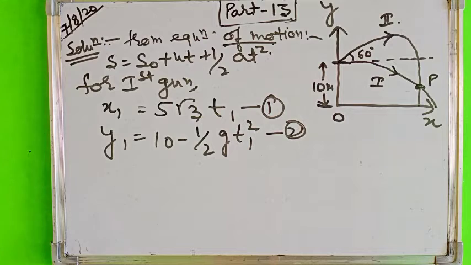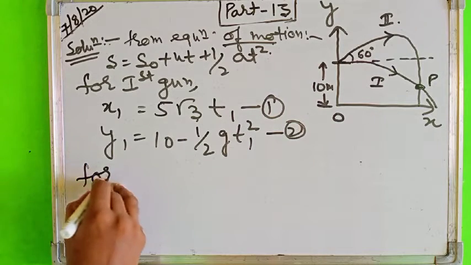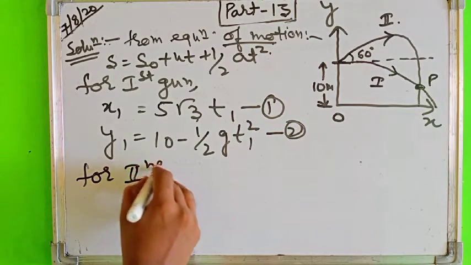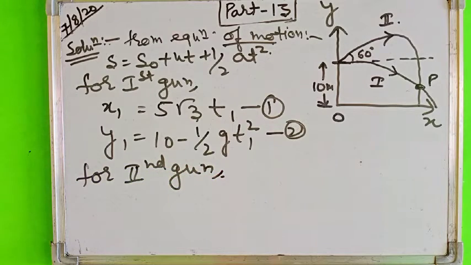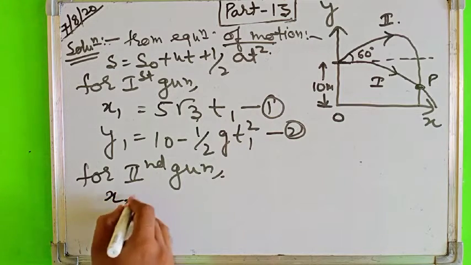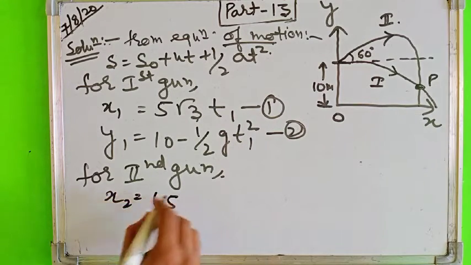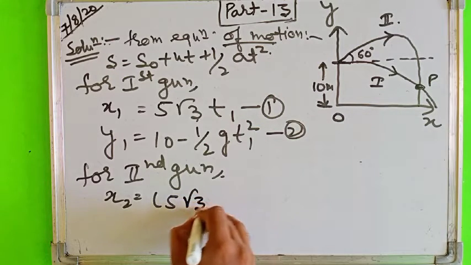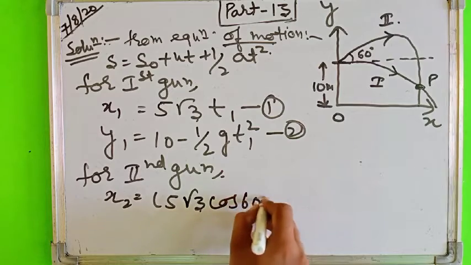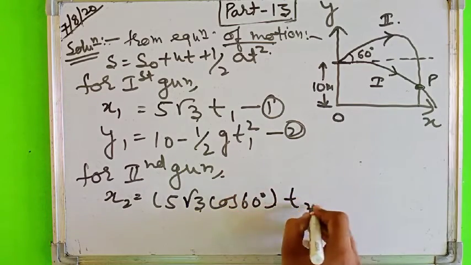And now for the second gun. Since the second gun is fired at an angle of 60 degrees, we consider its horizontal component, and x2 is 5 root 3 cos 60 degree into T2.